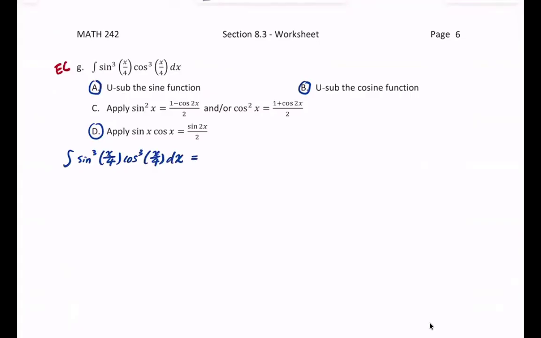And again, it's personal preference. Some people just say, oh, I'm gonna do the u-sub with sine because they feel more comfortable. That's totally fine. Okay, so this way, basically, you group the sine and cosine together because they have the exact same power.